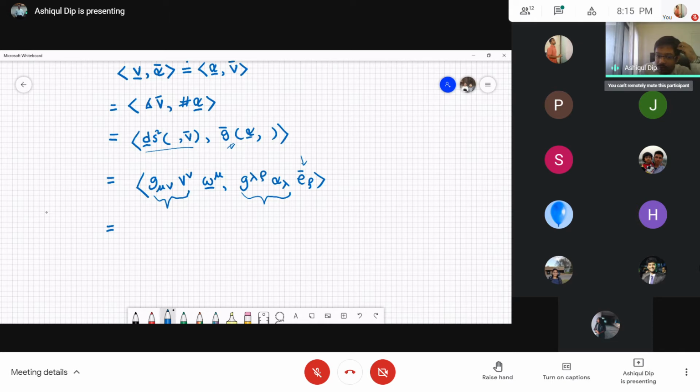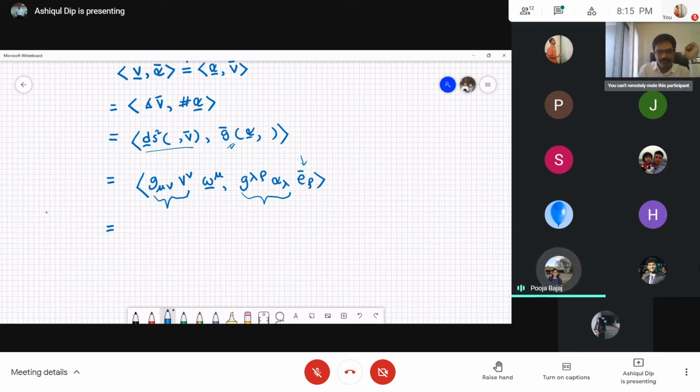In this expression we have already used mu and nu to sum over, so you could pick something else. You could put sigma, like g sigma rho, alpha sigma e rho. But you cannot pick mu or nu. Except for those, you can pick anything else.